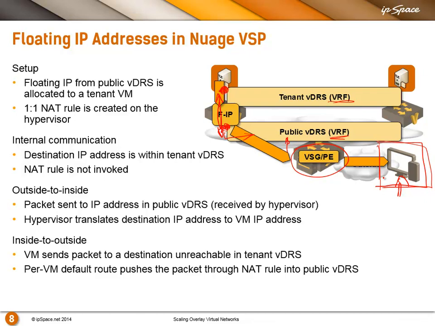So the first packet hits the user space, which decides that there is NAT that has to happen and installs a regular flow in the kernel space, and the kernel space allows the override of IP addresses, so there is no visible performance impact by doing this distributed NAT. So we are actually doing NAT in the OVS, and because it's taking the same code path as any other packet forwarding activity, there is no performance impact.